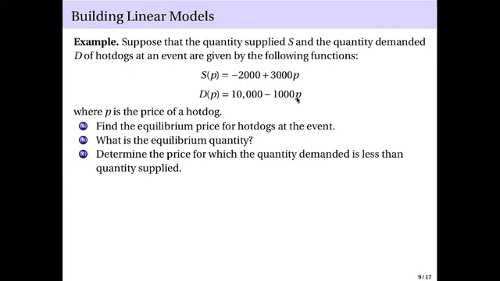Because again, if you increase the price, the tendency of the consumers is not to buy because the price is high. So these two equations here are consistent with the law of supply and law of demand.